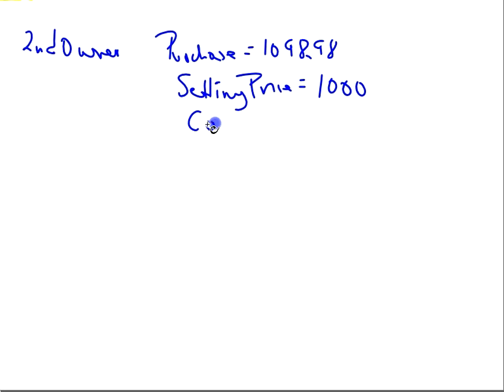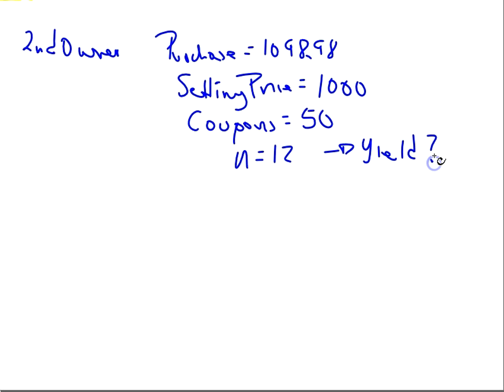The coupons are also defined to be $50, and since the life was 12, he's going to hold it for 12 periods. So the question is, what is the yield for the second owner?